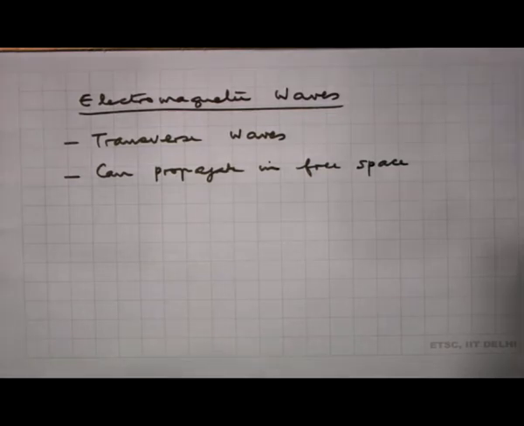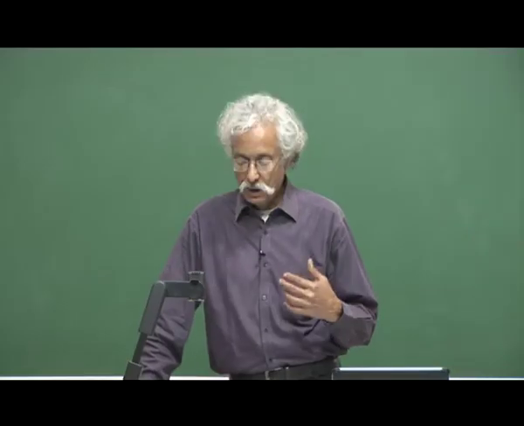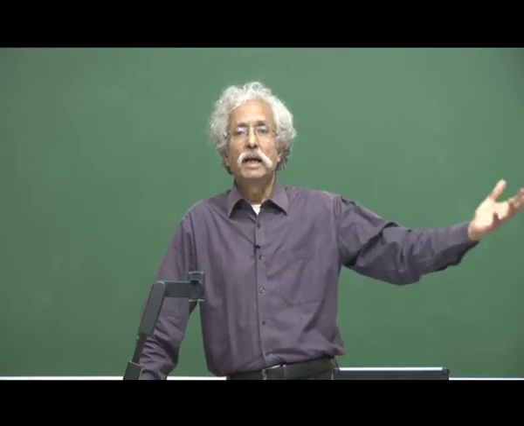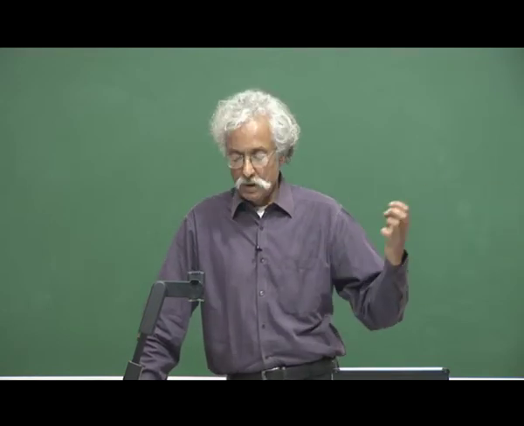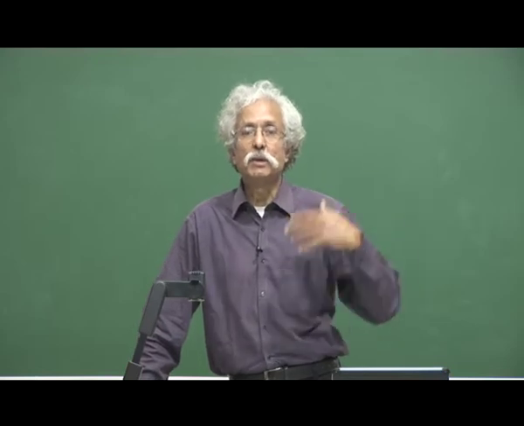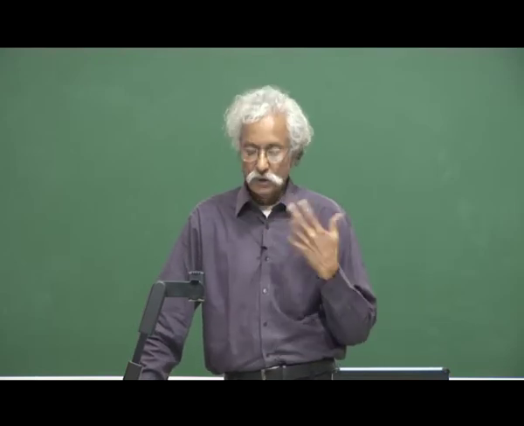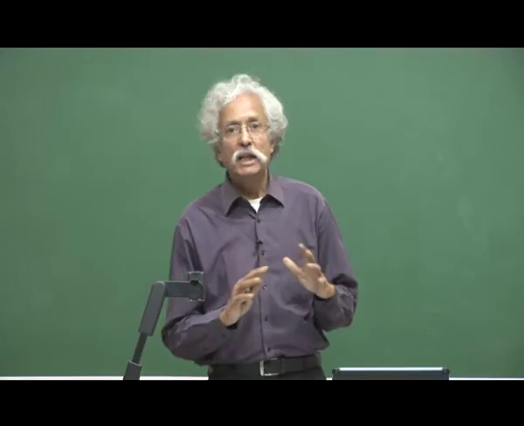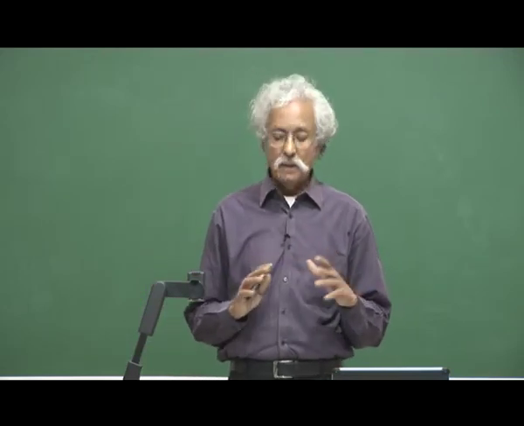Light is a form of electromagnetic wave, and we are getting light from the sun. We are getting light from stars which are millions of light years away. Please remember there is hardly anything between the stars and us, or between sun and us. So, these waves are able to propagate in free space, and so they are a completely different type of wave. They do not need a medium to propagate.